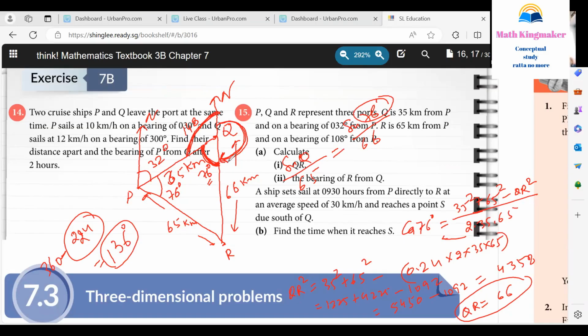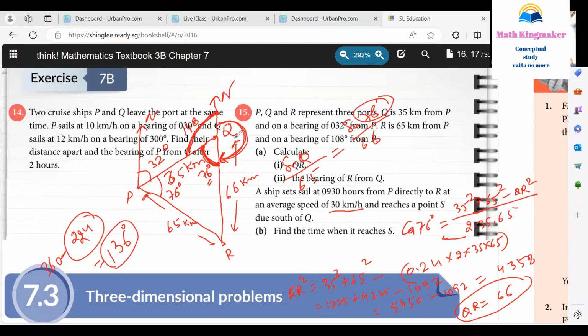Got it? Okay, now a ship set sail at 9:30 hours from P directly to R. It is going along this PR at an average speed of 30 kilometer per hour and reaches point S, due south of Q. Exactly due south means opposite to north.